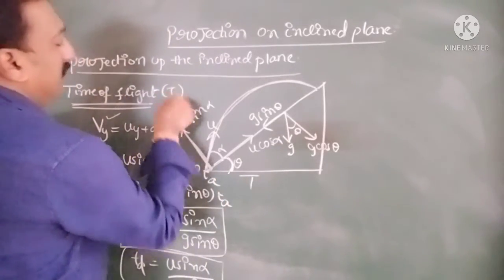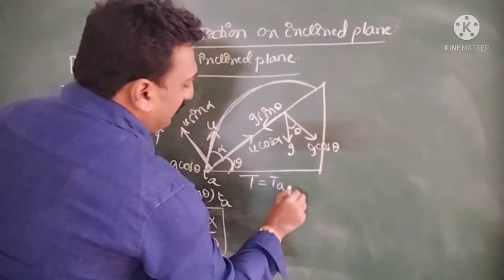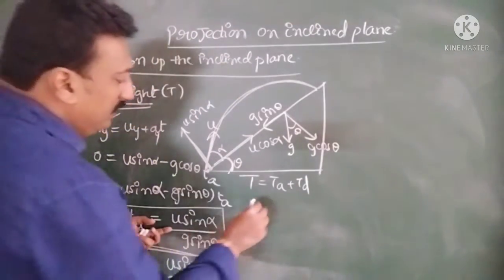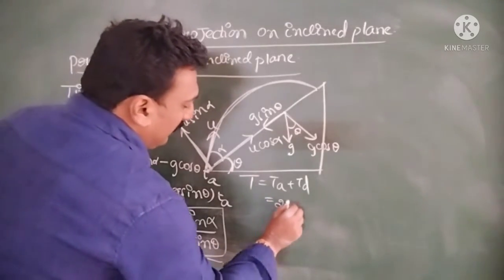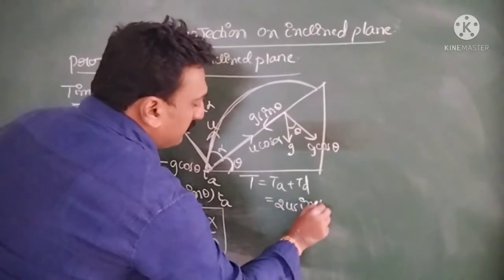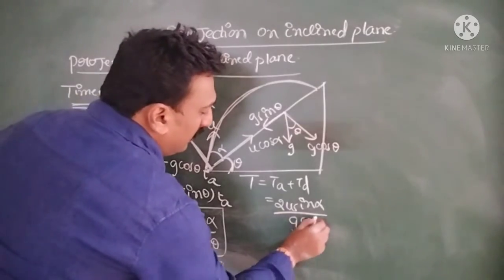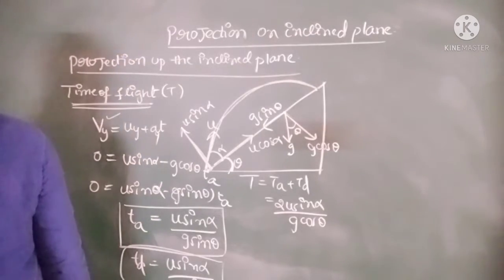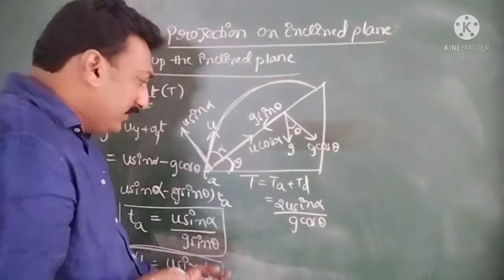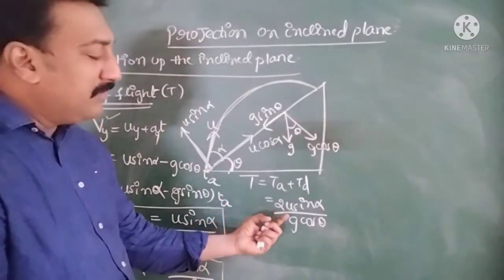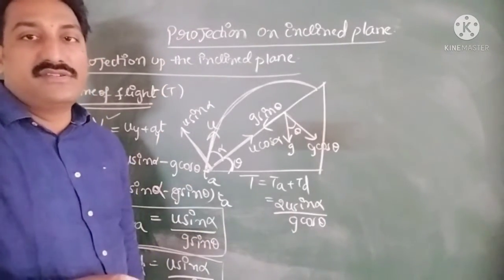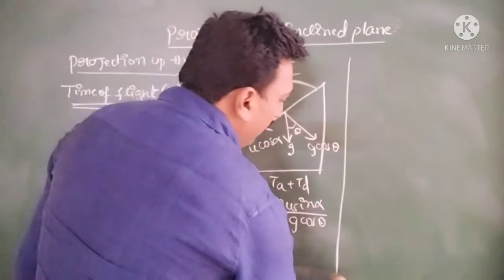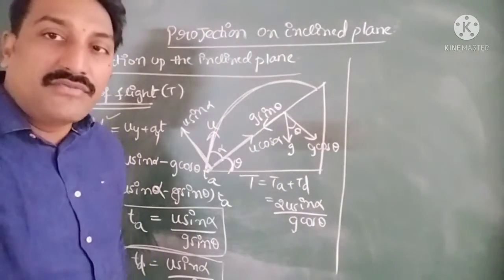Time of flight is nothing but the summation of time of ascent plus time of descent, so here it's double of it. So the time of flight will be nothing but 2u sine alpha divided by g cos theta.